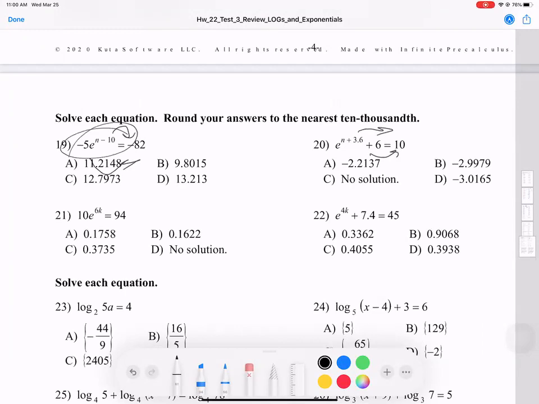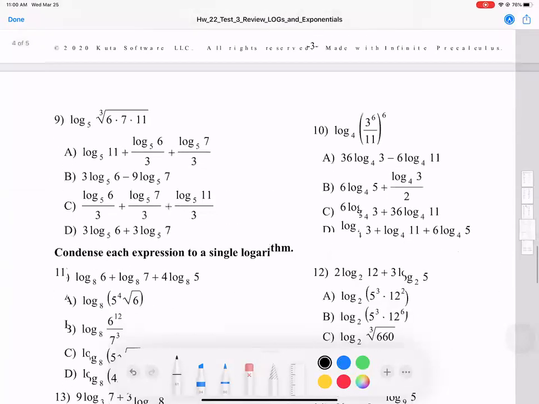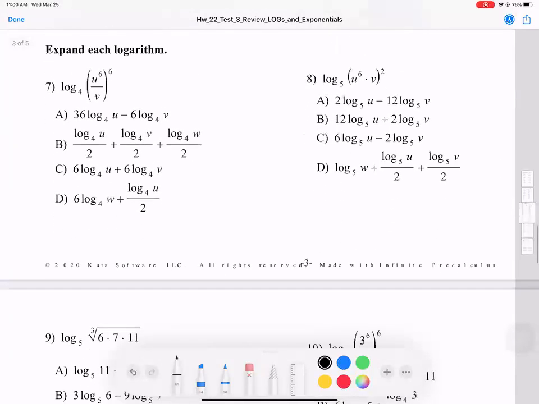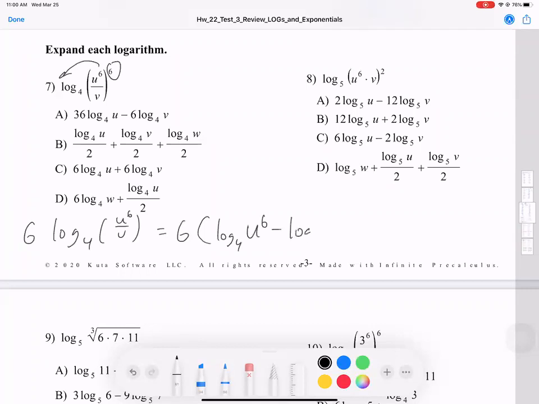Can you do an expansion problem? Sure. Sorry, running a little long on this one. Expanding, where does the 6 go? So it's 6 log base 4 of u to the 6 over v. And if I'm dividing logs, I am subtracting: 6 log base 4 of u to the 6 minus log base 4 of v.